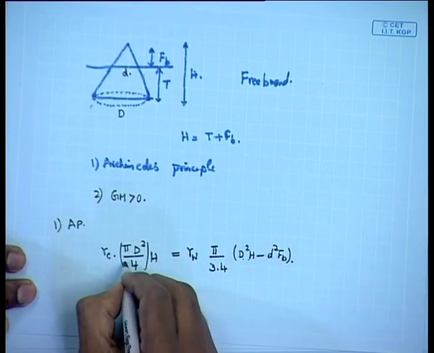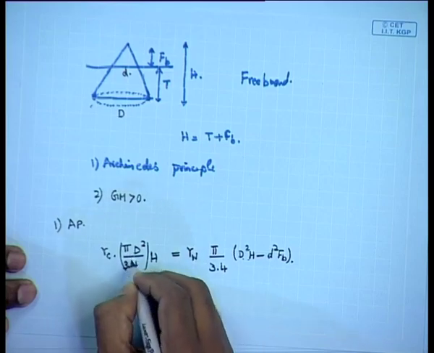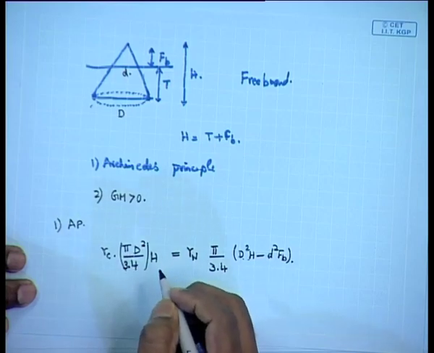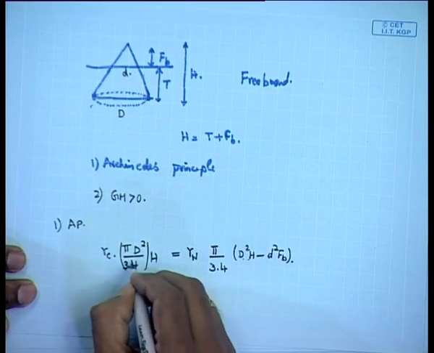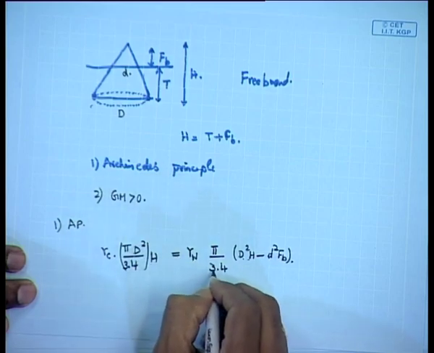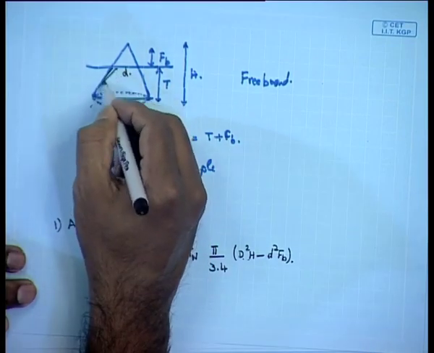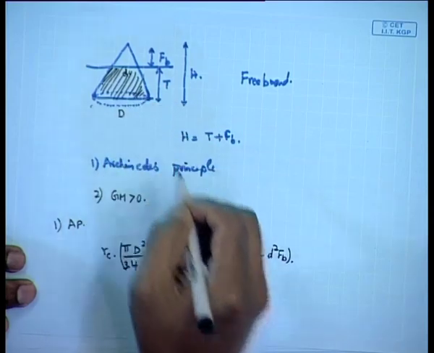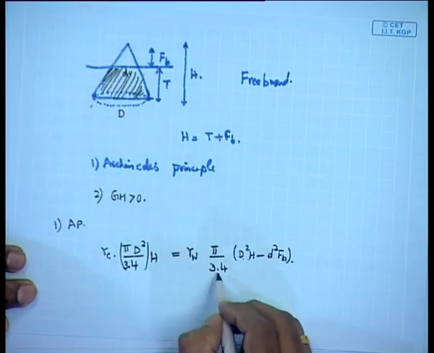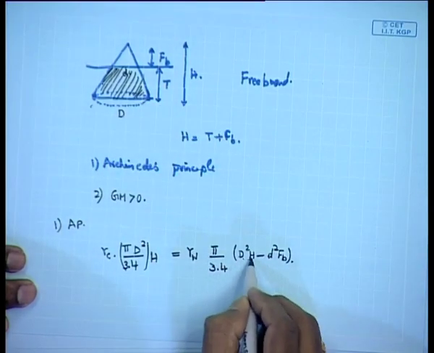Oh sorry, there is a 3 also here that I missed. 1 by 3 pi r square h is the volume of a cone. So 1 by 3 pi d square by 4 h is the volume of the cone. This is the total volume of the cone, and this is this volume. So you get the same thing, pi by 3 into 4 into d square h.